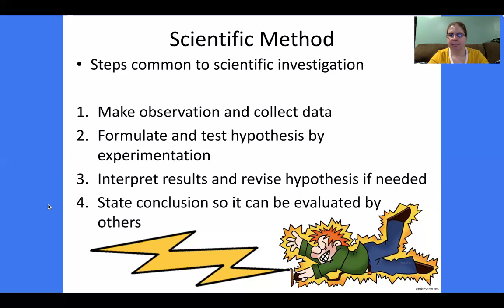Once that's done, I can make my conclusion. So the conclusion is just the summary of what you learned from your experiment. It also does tell if your hypothesis was correct or incorrect. And in science, it is okay if your hypothesis is incorrect. A lot of times, scientists learn more from a wrong hypothesis than they do from a right one. So it's all good.